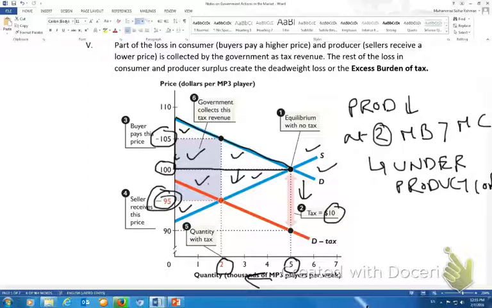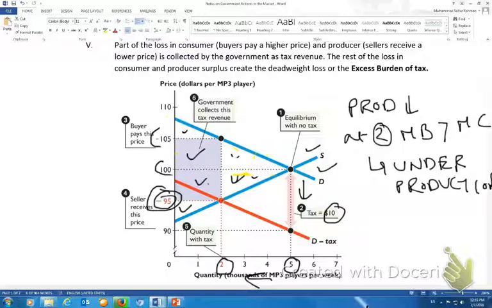Okay, so imagine that before, the consumer surplus was this larger triangle. Now as a result of the new price, I'm going to delete that, otherwise we cannot really see that. So before, the consumer surplus was the big triangle.